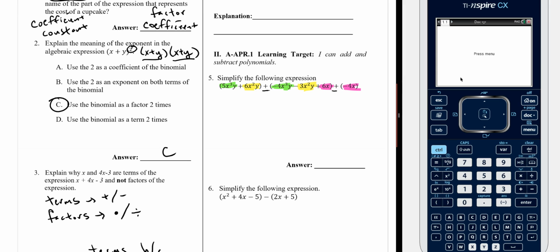So if we combine those, 5x cubed y minus 4x cubed y is going to give me 1x cubed y. So those are gone now. 6x squared minus 3x squared is a positive 3x squared y. And finally, 6x plus negative 4x is going to give me a positive 2x.